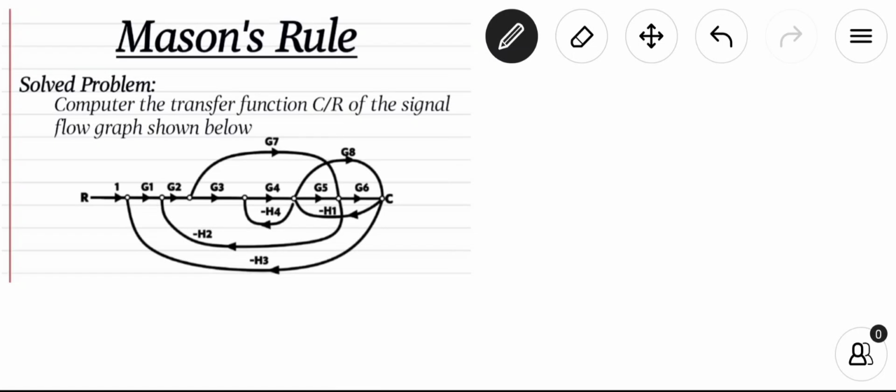Mason's rule is used to find the transfer function of a block diagram.